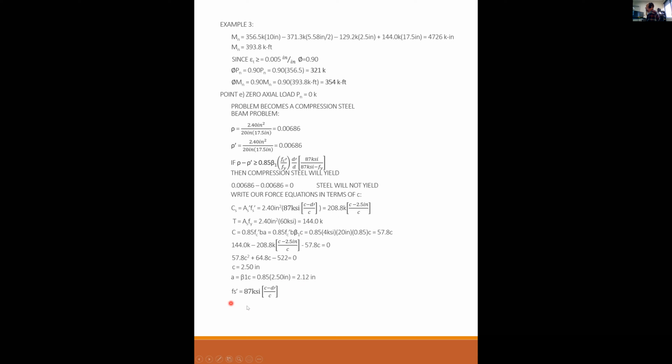So F prime S is 87 ksi times (c minus d prime) over c, which is 2.5 minus 2.5. So F prime S is exactly 0. There's no stress in the compression steel. Compression steel equals 0, so the tension steel is 2.4 times 60, which is 144 kips. Compression is 0.85 f prime c b a, which is 144.3 kips.